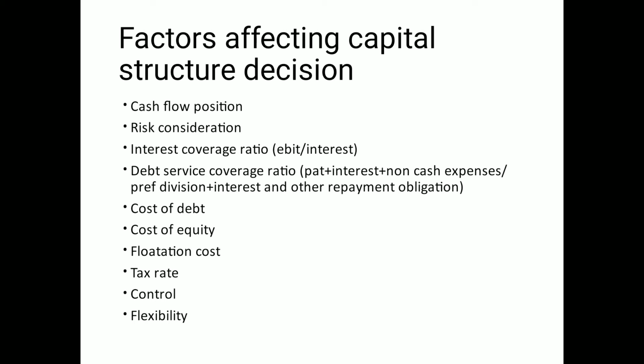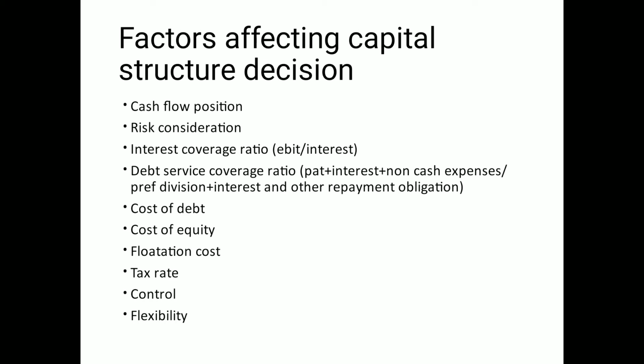So more equity shareholders means more dilution of control. So if the management or the promoters wish to have good control over their business, they may not like to issue equity shares. Rather they would go for debt financing, because debt providers are the investors and they do not have any stake in the voting rights or over the control of the affairs of the firm.